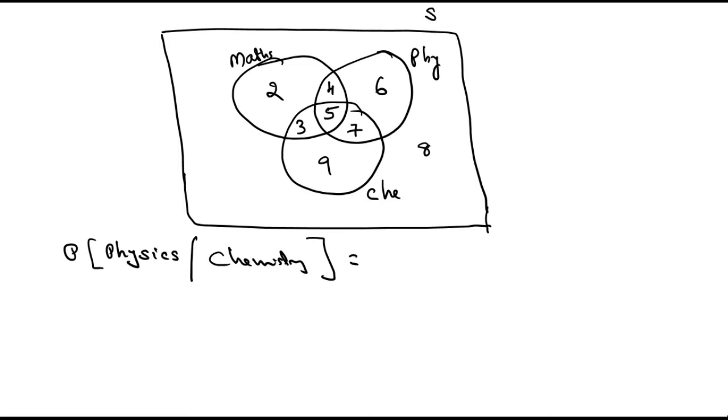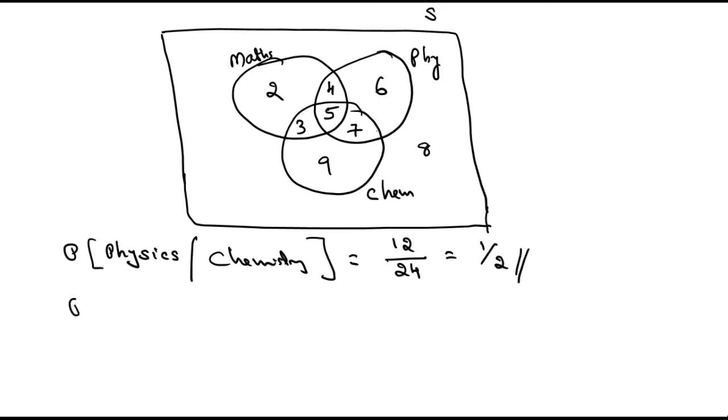So chemistry means we are getting this total: 9 plus 7, 16 plus 5, 21 plus 3, 24. So the total sample space is 24. How many physics? Physics means these two regions, both including chemistry. So 7 plus 5, that is 12. So 1 by 2.